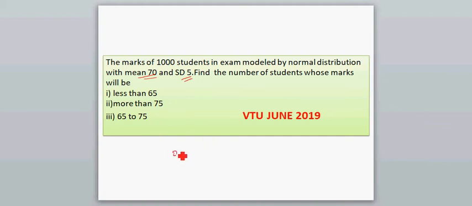If I indicate X as marks in the examination, then less than 65 means X less than 65, this is X greater than 75, and this is in between 65 to 75 marks.